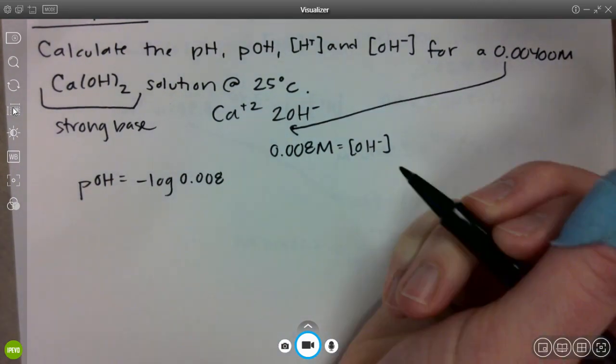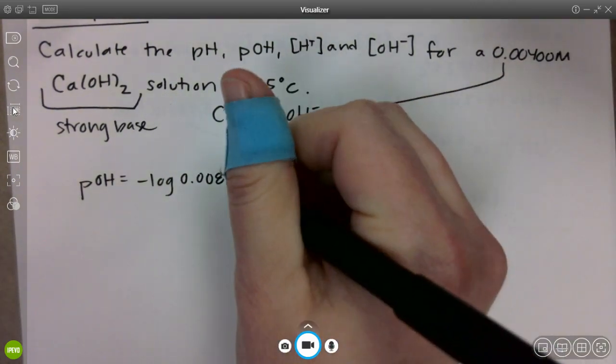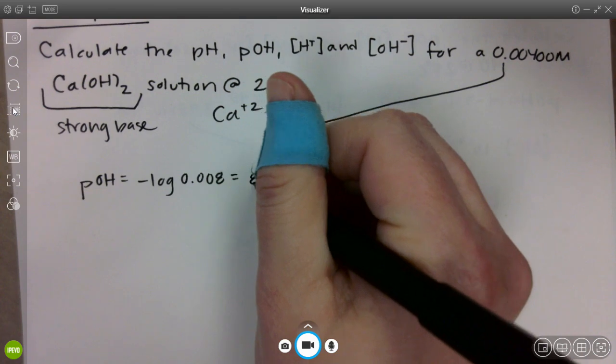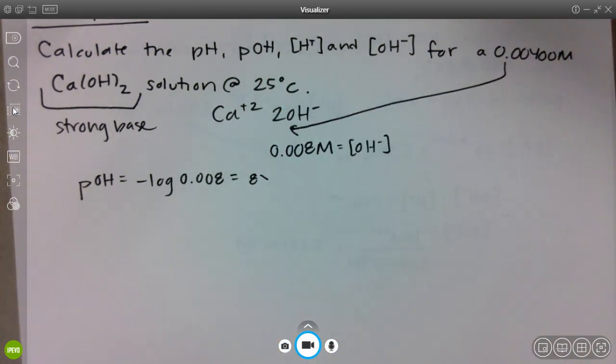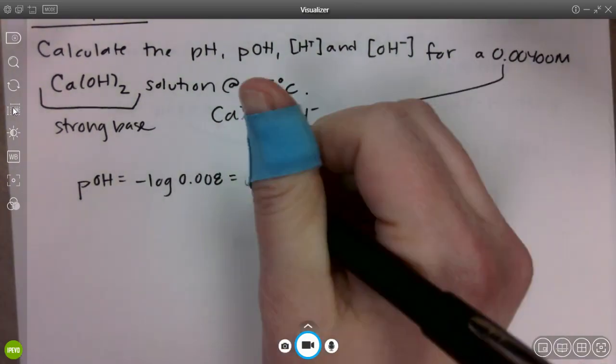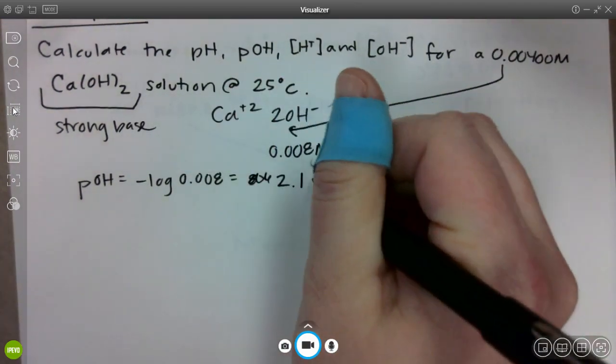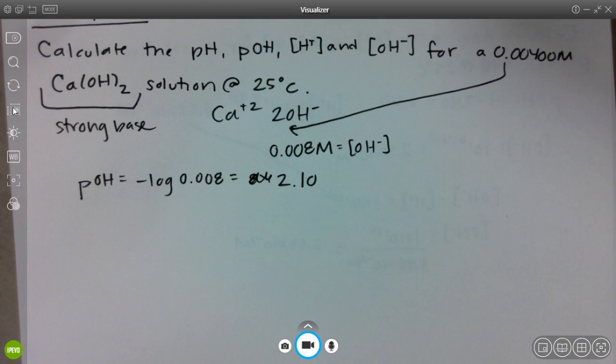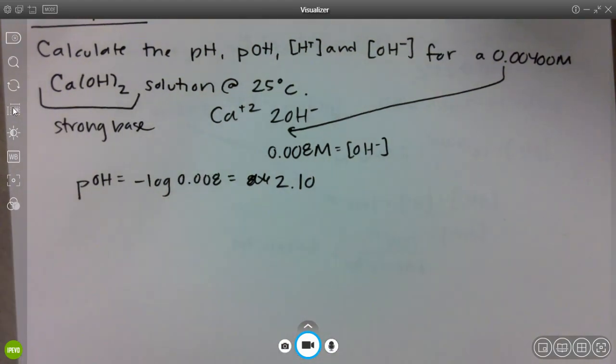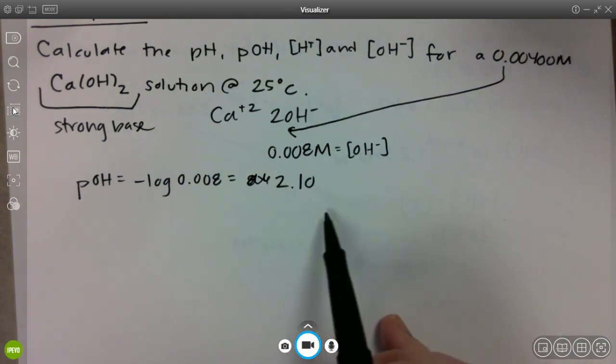Okay, so negative log of 0.008 gives me 2.1. I was going to say that doesn't make any sense. So it's 2.1. It's a low pOH, but if you think about it, that means I'm going to have a high pH, which is what should happen if I have a basic solution. So my pOH is 2.1.